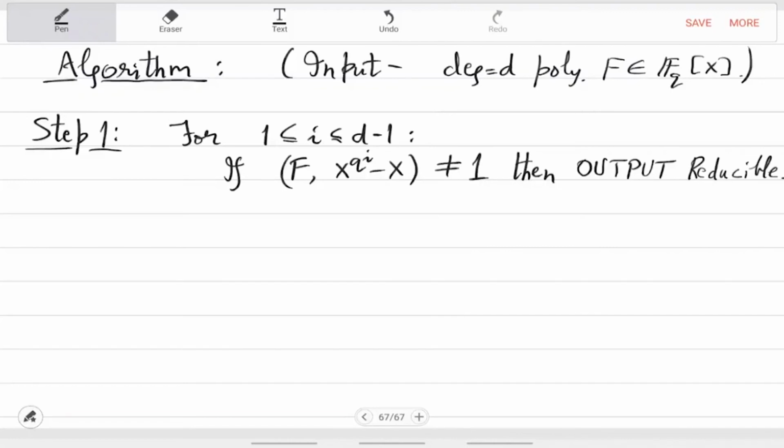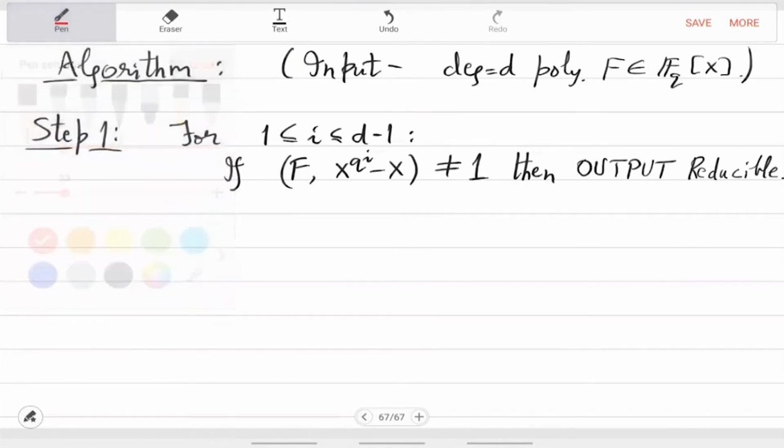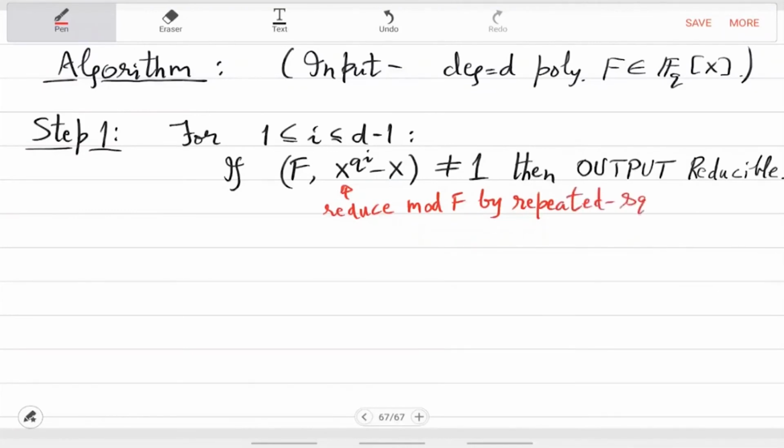And this is written very abstractly. So in practice, you actually have to do this by repeated squaring. So this step is loaded.